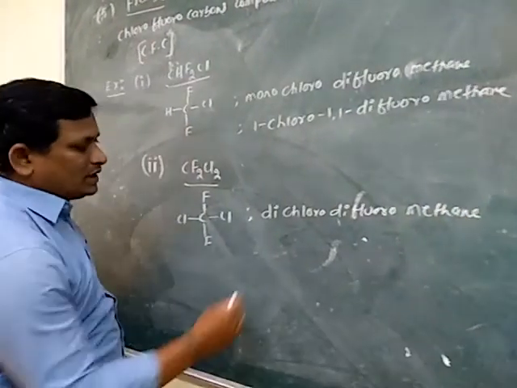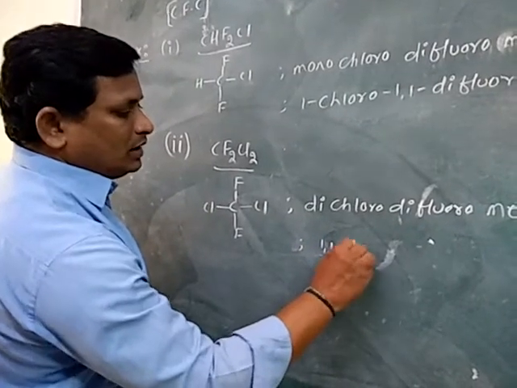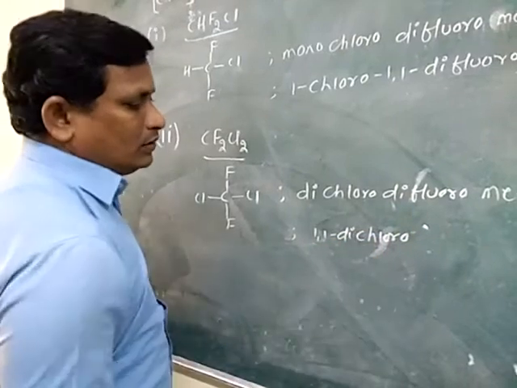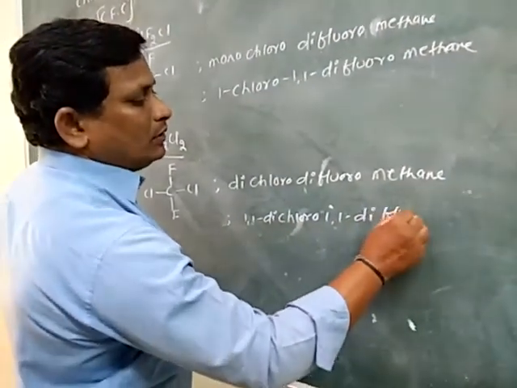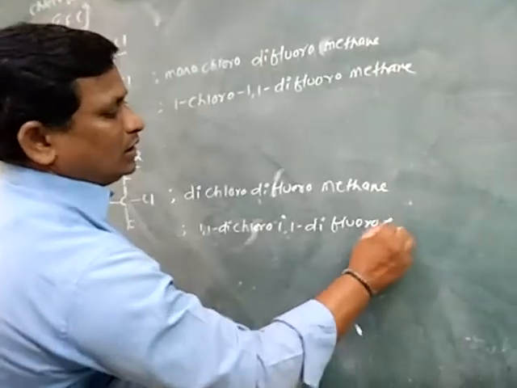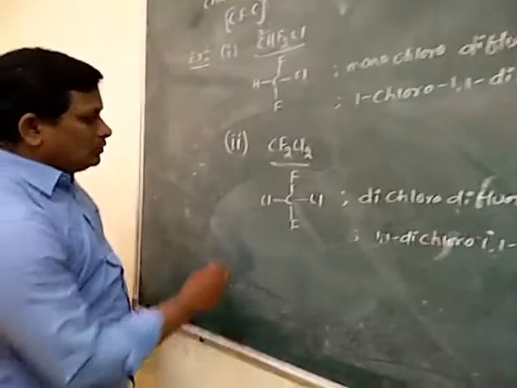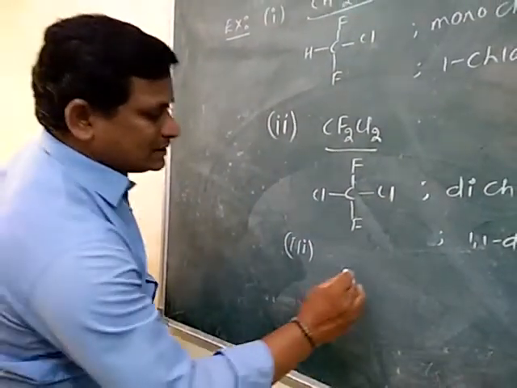So its IUPAC name is 1,1-dichloro-1,1-difluoroethane.